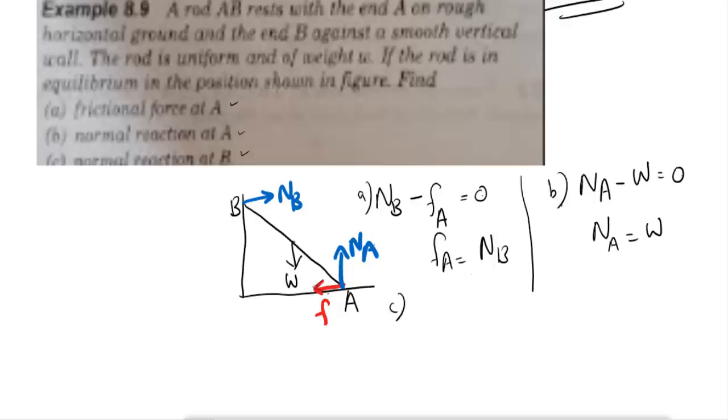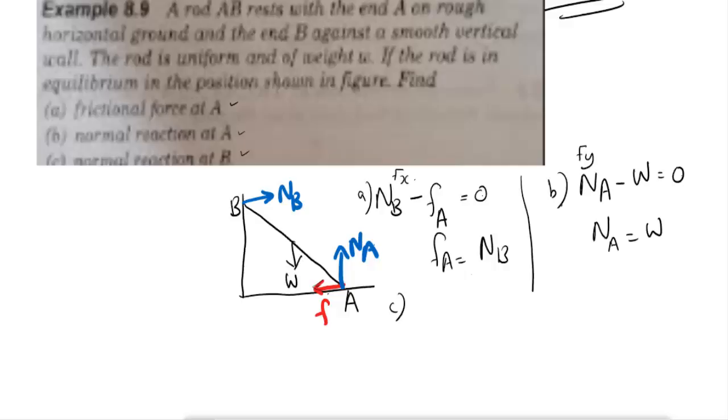So how can we find out the normal reaction force NB? For finding that, I am considering that the rod is in equilibrium, as it is given. So we considered the sum of forces in x, that is Fx, and Fy also we considered.